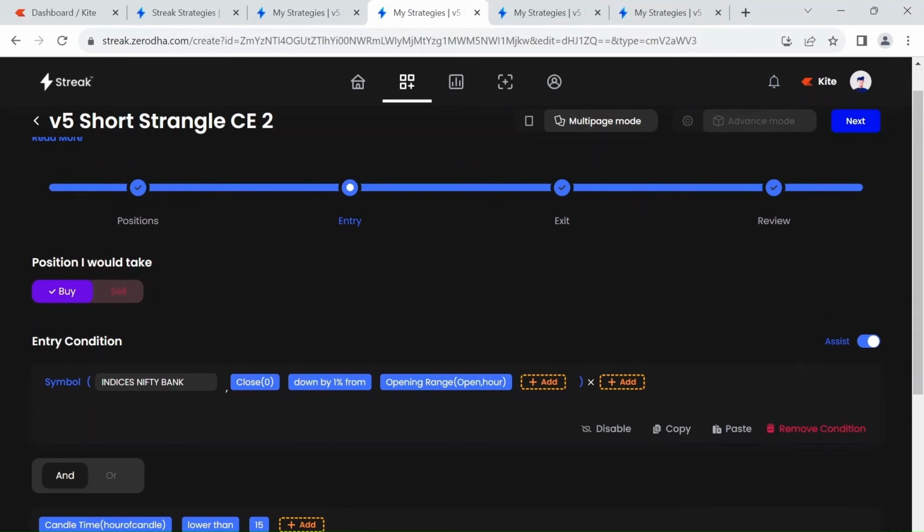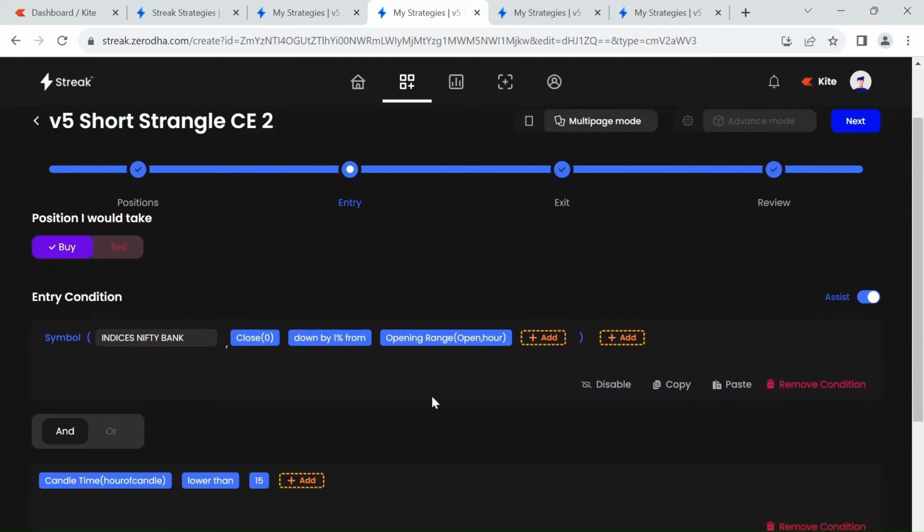So I have included Bank Nifty close down by 1% from the opening price, and we also have to check that candle time is less than 3 o'clock, because at 3 o'clock we have to exit the strategy. And if it happens down by 1% after 3 o'clock, we don't have to execute this. So we have to include this as well.